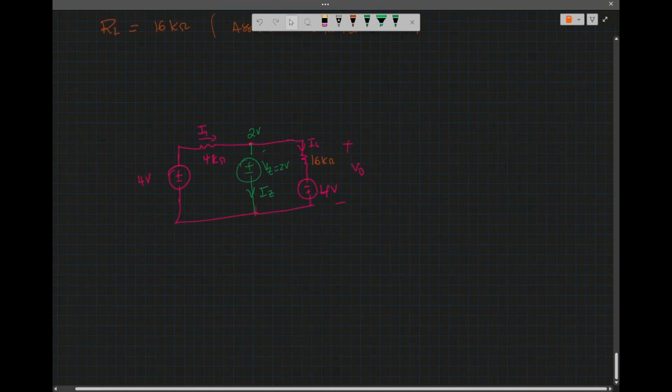So in that case, we need to find the current I1. So I1 is 4 minus 2 divided by 4k, which is 2 over 4, just half, 0.5 milliamp.